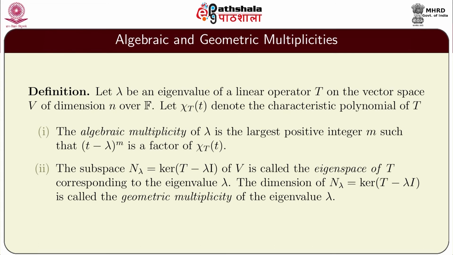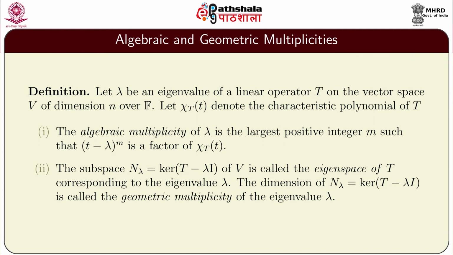What does that mean? If the multiplicity of the 0 is m, then (t minus lambda) raised to m is a factor of chi t, and that multiplicity is what we call the algebraic multiplicity of the eigenvalue lambda.